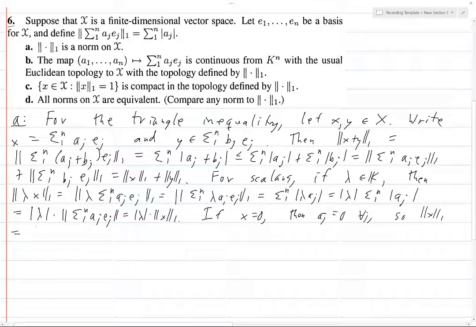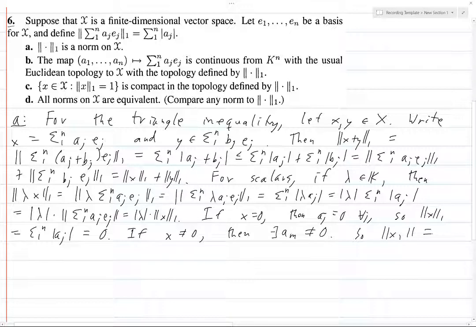To prove that it's a norm, we want to say that if x is not equal to 0, then there must exist some am which is not equal to 0, where m is one of the indices between 1 and n. So the norm of x is equal to the sum from 1 to n of the absolute value of aj, and that's certainly going to be greater than or equal to just the particular am, and this we know is strictly greater than 0.